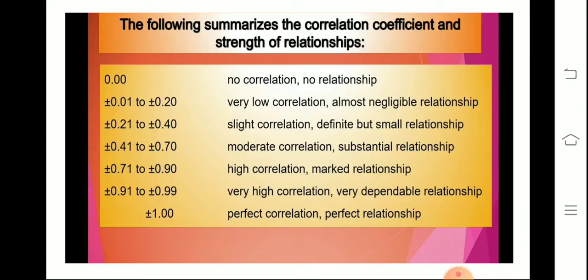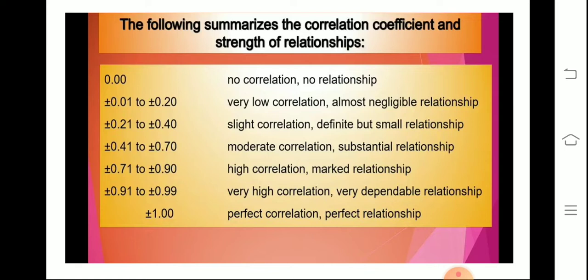If it is positive or negative 0.41 to positive or negative 0.70, it has moderate correlation, a substantial relationship. If it is positive or negative 0.71 to positive or negative 0.90, it is highly correlated. It has a marked relationship.